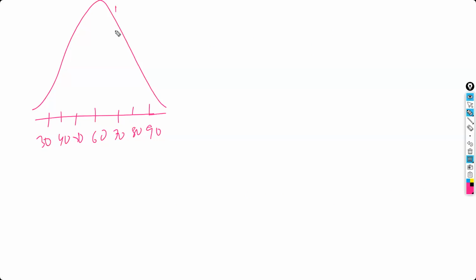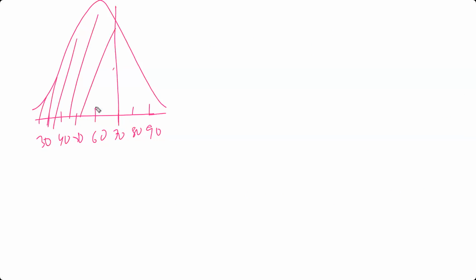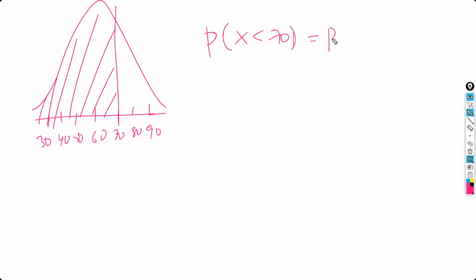Now what is the question? What is the probability from here to here? Cumulative probability. Do you remember cumulative probability? It means from the start to 70. So the probability less than 70 is equal to P of minimum value to 70, which is the cumulative probability from the start to 70.